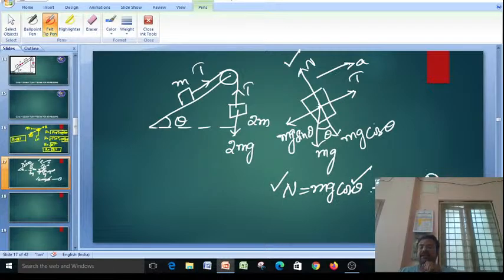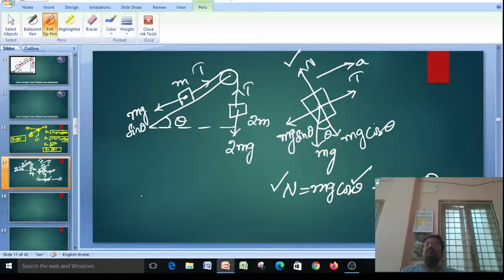So this is the vertical forces acting on the block. Then what about the horizontal forces? This tension T1 is acting in that direction. Another force is acting, that is mg sin theta, acting in the downward direction. Right or not? Means tension T1 is opposed by another force, that is the component of the weight of the object, mg sin theta, the sin component, right?